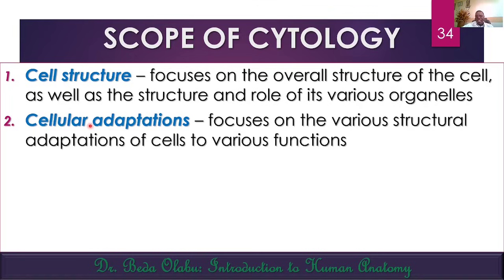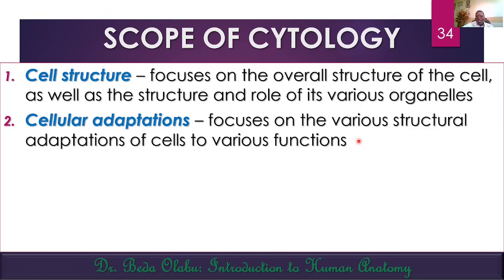There's one cell that will be largely for contraction. It's a muscle cell. There's another cell that is largely involved in releasing some hormones. It's an endocrine cell. There's another cell that is largely focused on absorption of nutrients from your intestines. Maybe another one for transmission of signals in the brain.